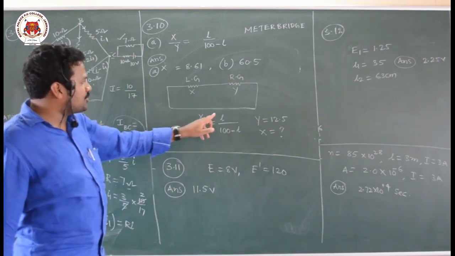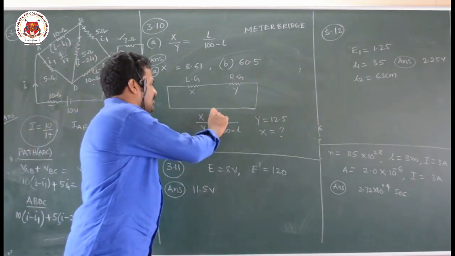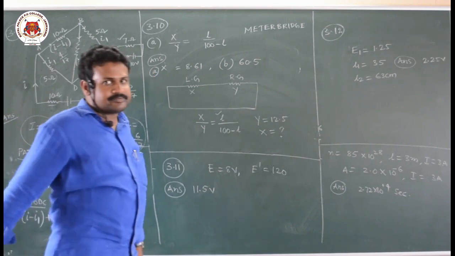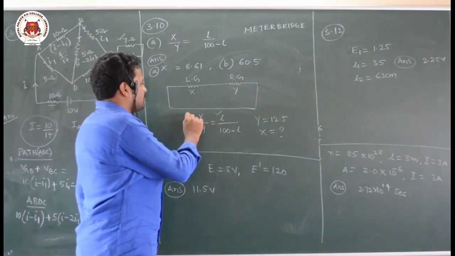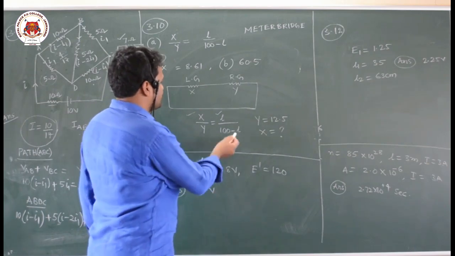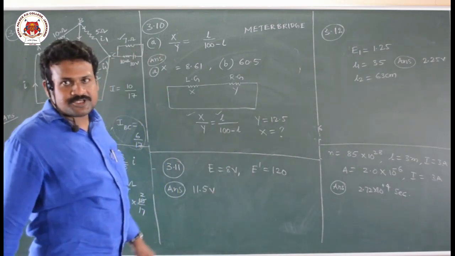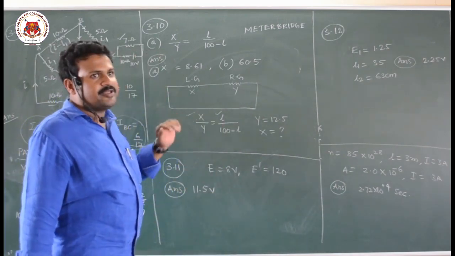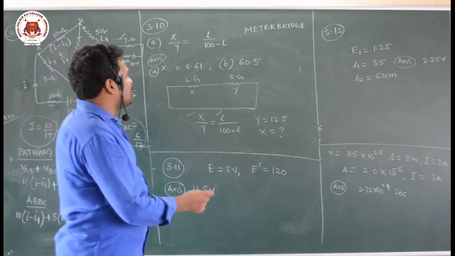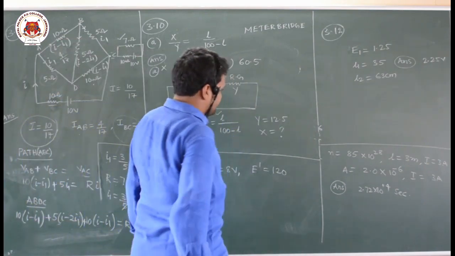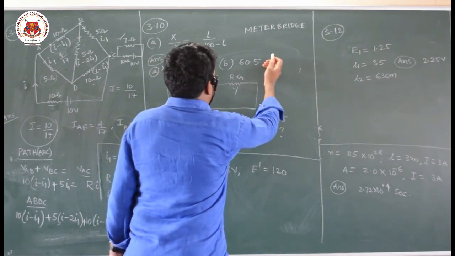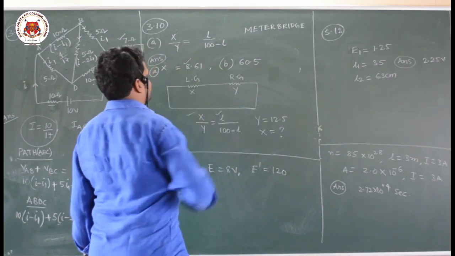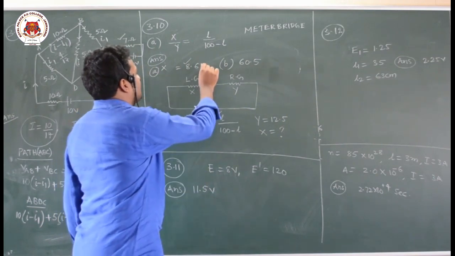Just substitute the balancing length in place of L, then you will get the X value. And then, if you interchange the lengths, X you will get as 8.61 ohms.